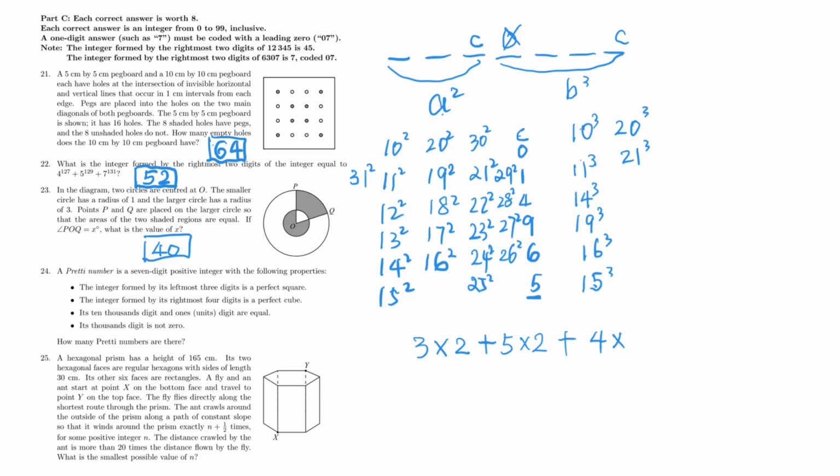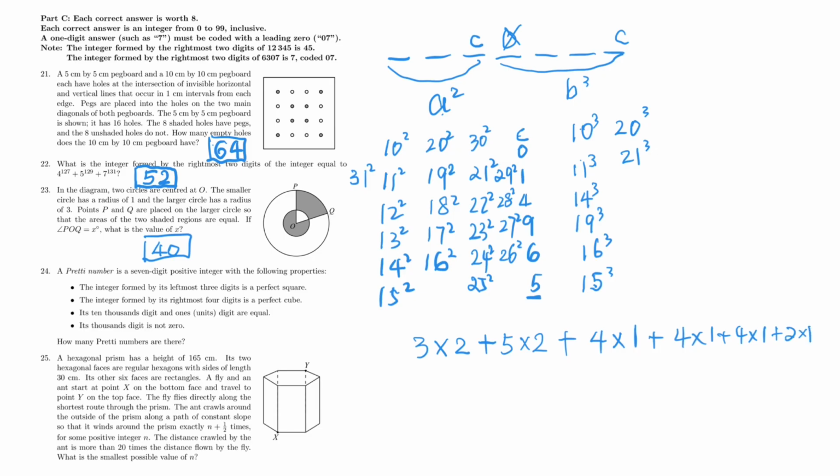The B cube with ones digit 4 is just 1, plus 9 has the same thing, 4 times 1. And 6 has 4 times 1, that is 4. And 5 has 2 times 1.